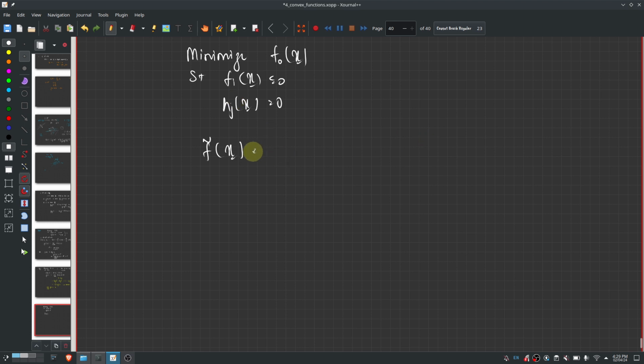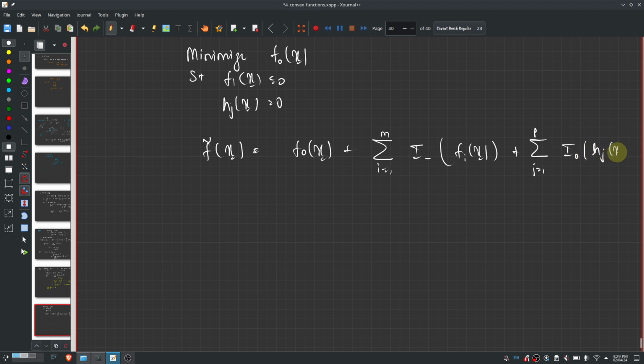So let me define this to be equal to f0 of x plus summation i equal to 1 to m, I'll introduce this new function I minus of fi of x, plus summation j equal to 1 to p, I'll call this I0 of hj of x.